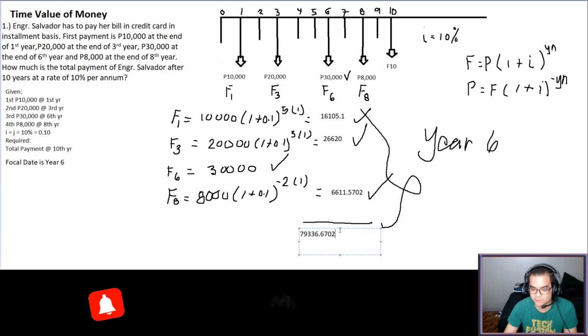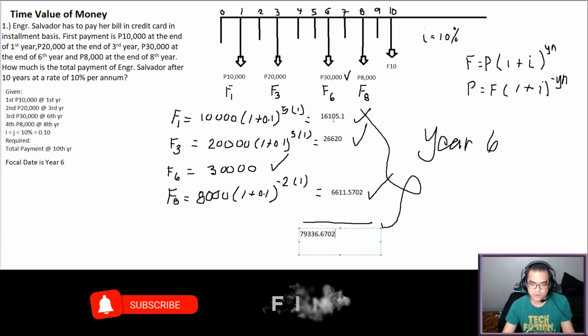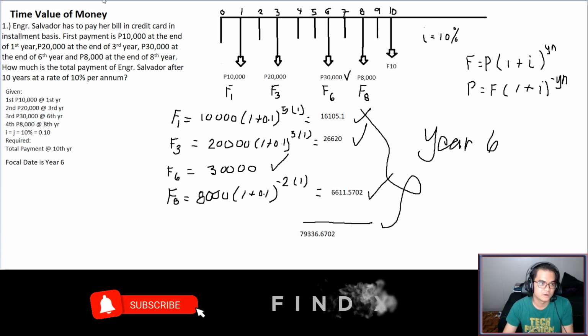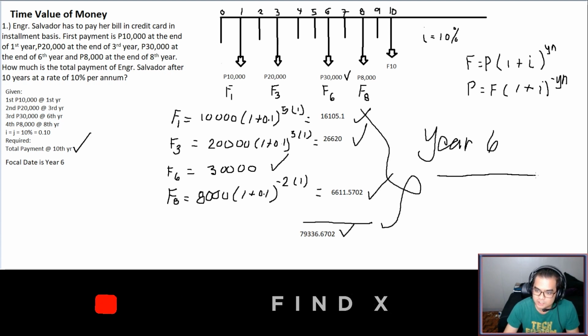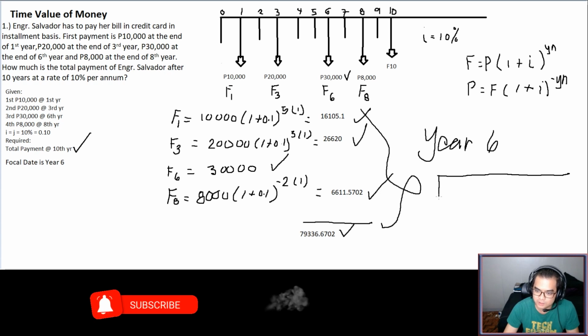We're looking for the total payment at the 10th year, right? But this total payment is at the 6th year. So if I construct the cash flow diagram again, it will look something like this.